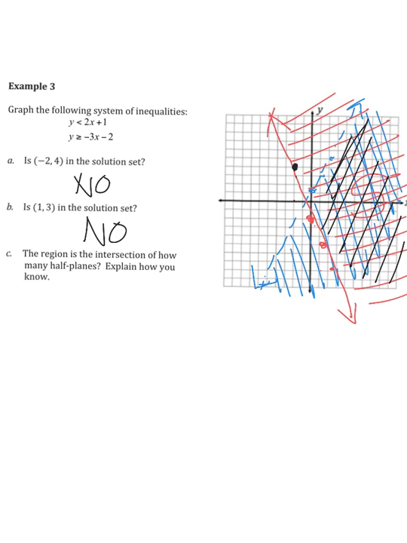The region is the intersection of how many half-planes? Explain how you know. Well, it's two half-planes. The reason that I know is because each inequality splits the plane in half.